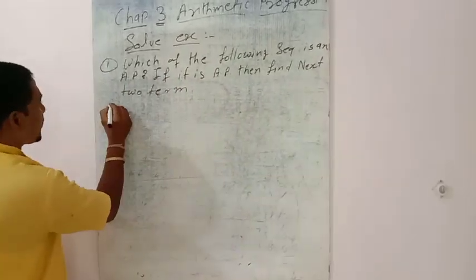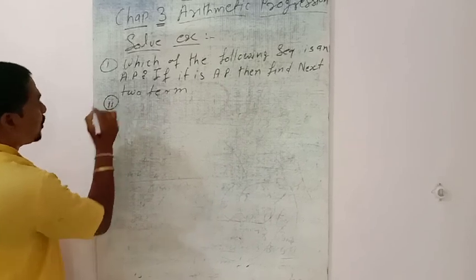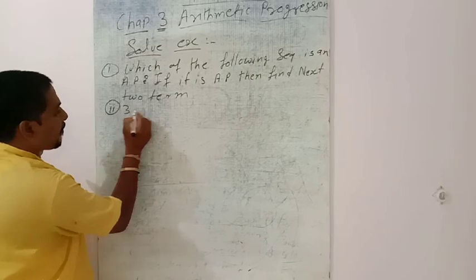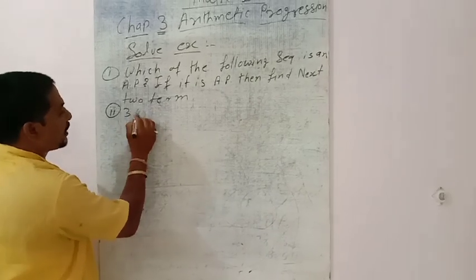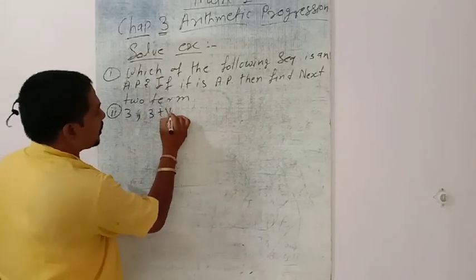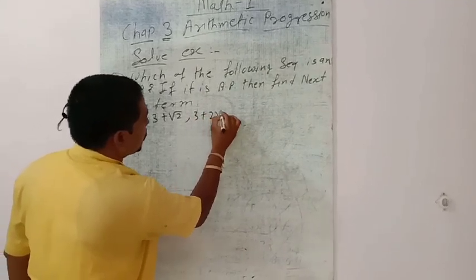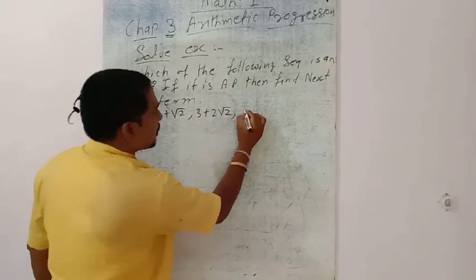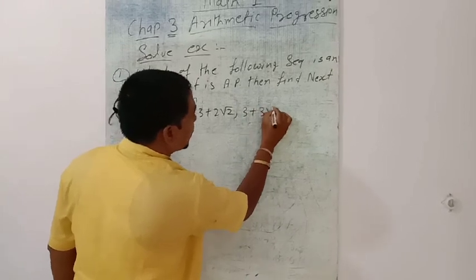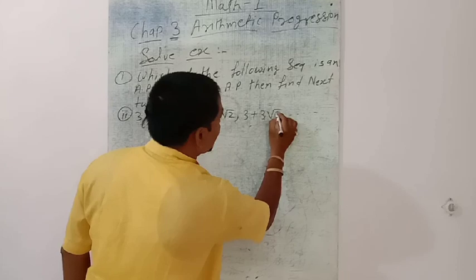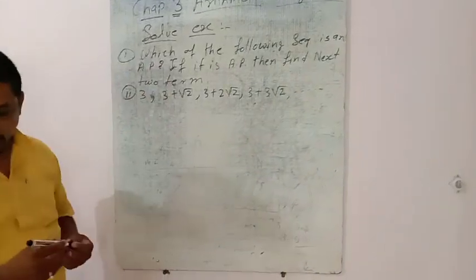So take example number 2: 3, 3 plus under root 2, 3 plus 2 under root 2, 3 plus 3 under root 2.